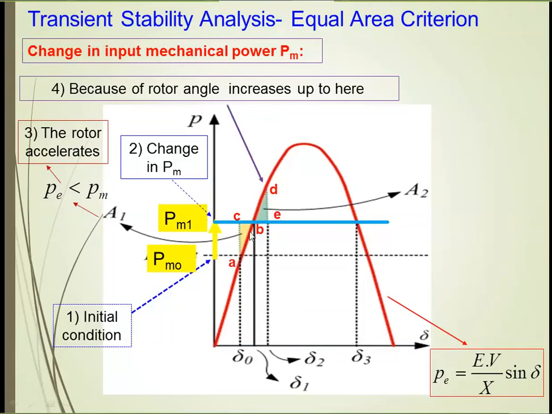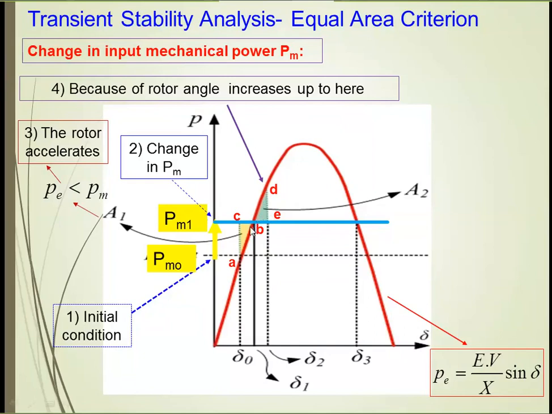I will discuss more in detail later on about this. So what will happen is that the rotor angle will keep on increasing. It will reach up to this point, but the rotor cannot stop suddenly because the rotor has inertia, right? And then it is possible that the rotor crosses this point. We'll discuss more in detail in a later slide when it crosses here.